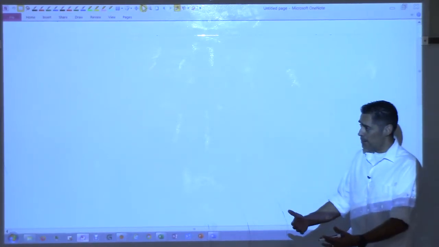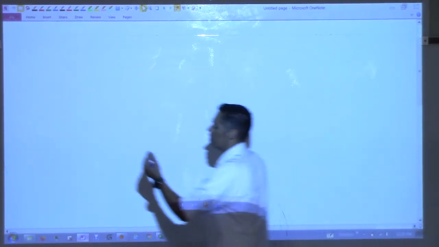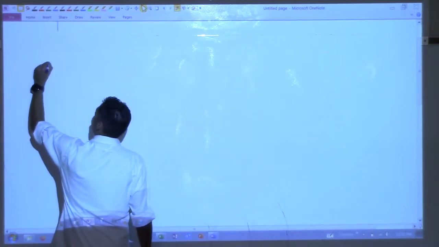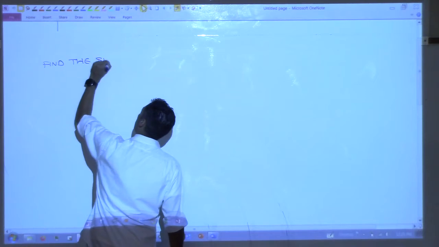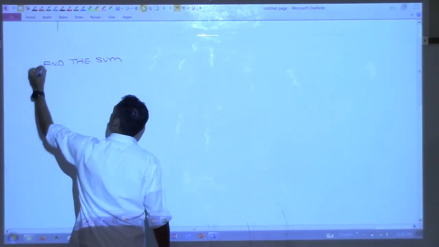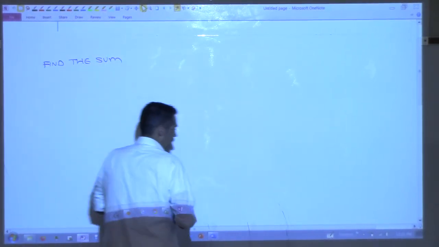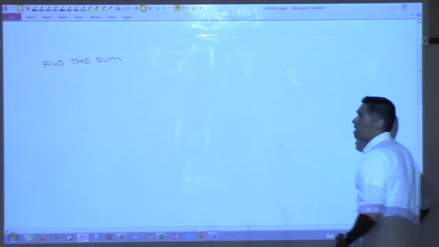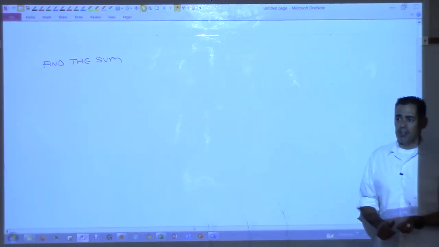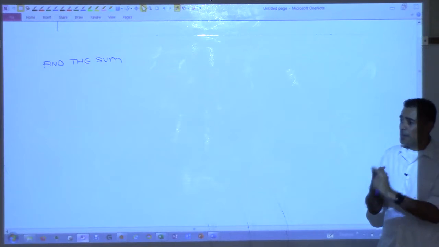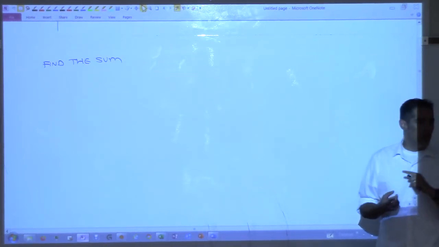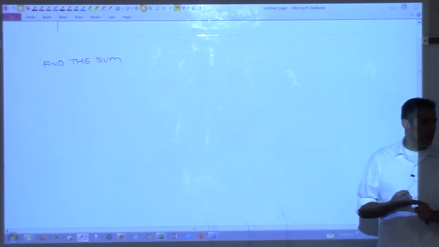Okay, you ready for an example? Let's do an example. Find the sum. When you are looking at a problem that involves a series, if you are asked to find the sum, you are most likely looking at a geometric series or a collapsing series.